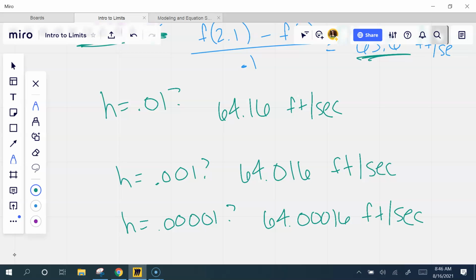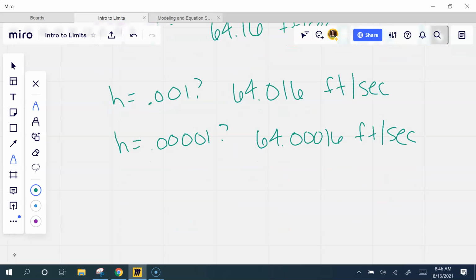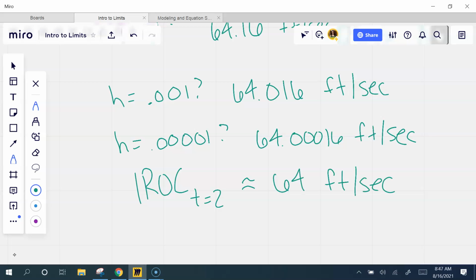You absolutely would. This introduces us to limits. Great job. All right, so I'm going to say the instantaneous rate of change at 2 is going to be approximately 64 feet per second. Would you say that that is a good estimate?